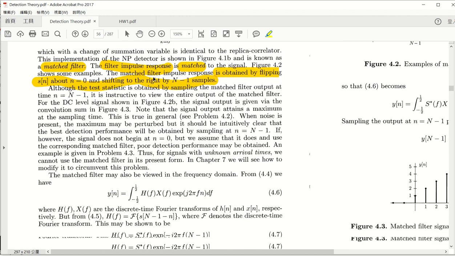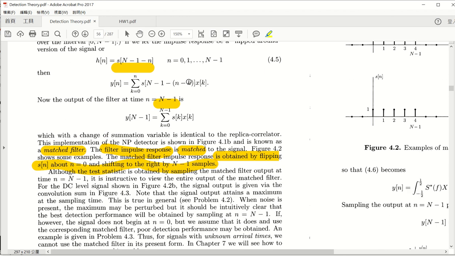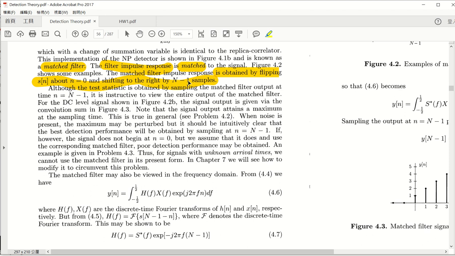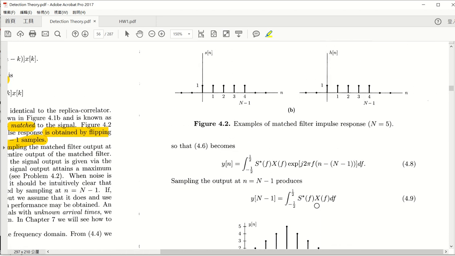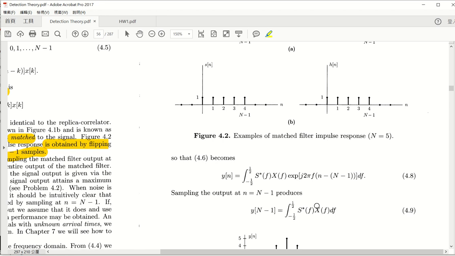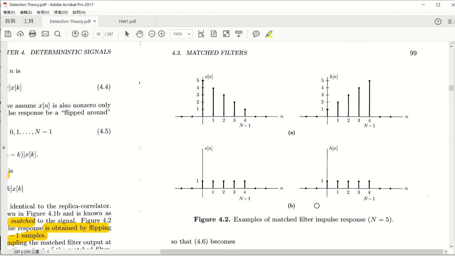Okay, so we'll skip some of the discussions for the frequency domain. We would rather emphasize more on the detection and time domain.